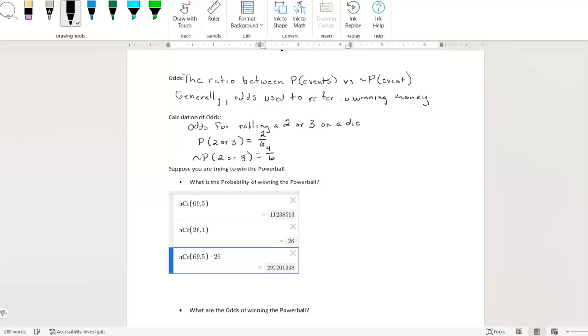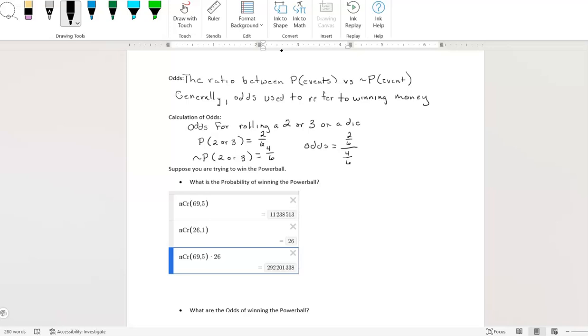And so now we want the ratio between these. So the odds is going to be equal to 2 over 6 divided by 4 over 6. If we recall from fractions, we have 6's on the bottom, so those divide out.